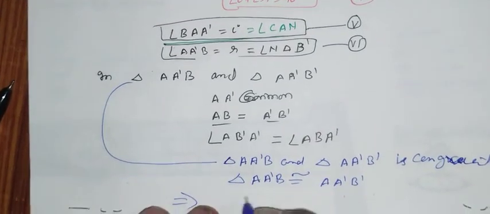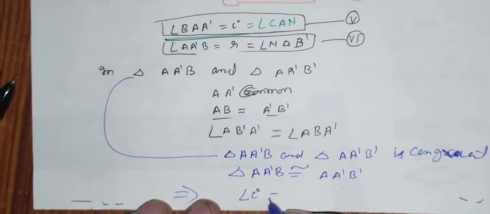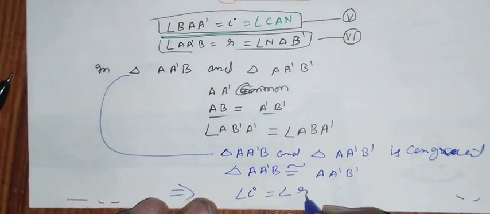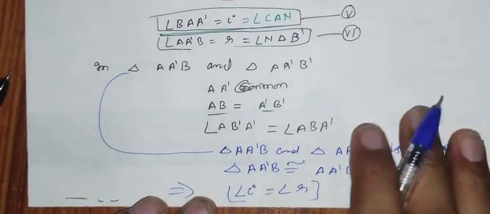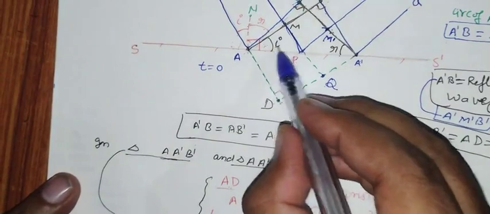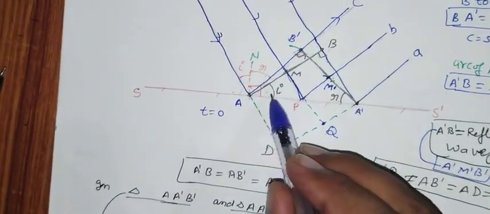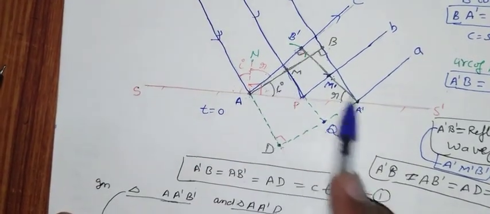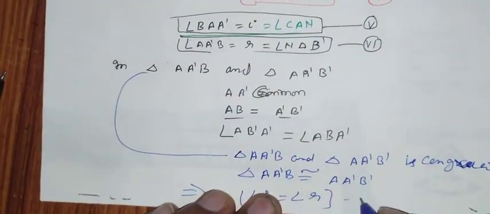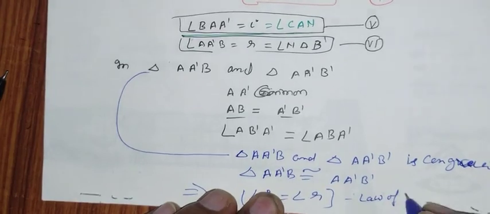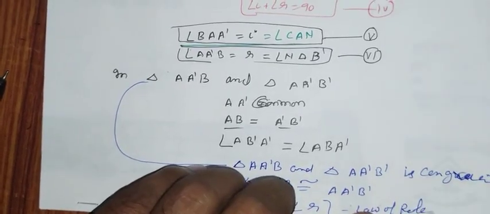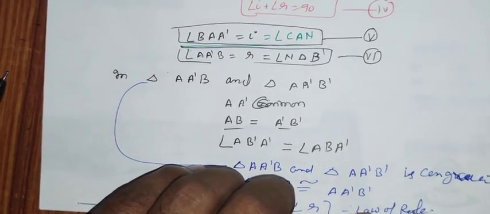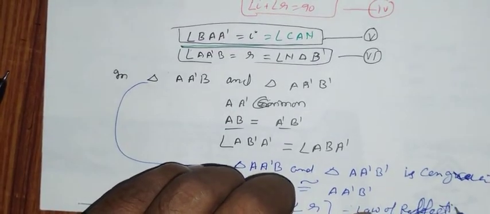This implies that angle I is equal to angle R. Angle I is what? And angle R is B'A'A. Both are equal, and this obeys the law of reflection.